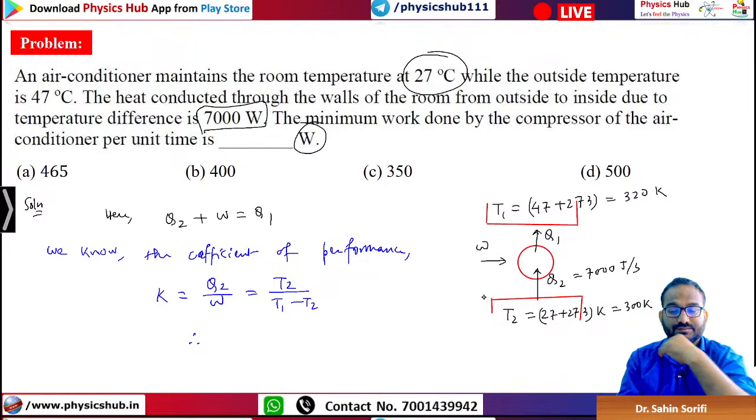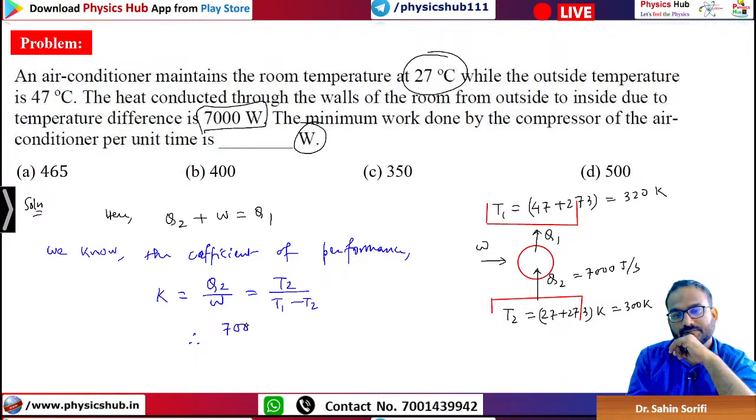Q2 is 7000 joule per second. W is W. T2 is 300. T1 320. T2 300.